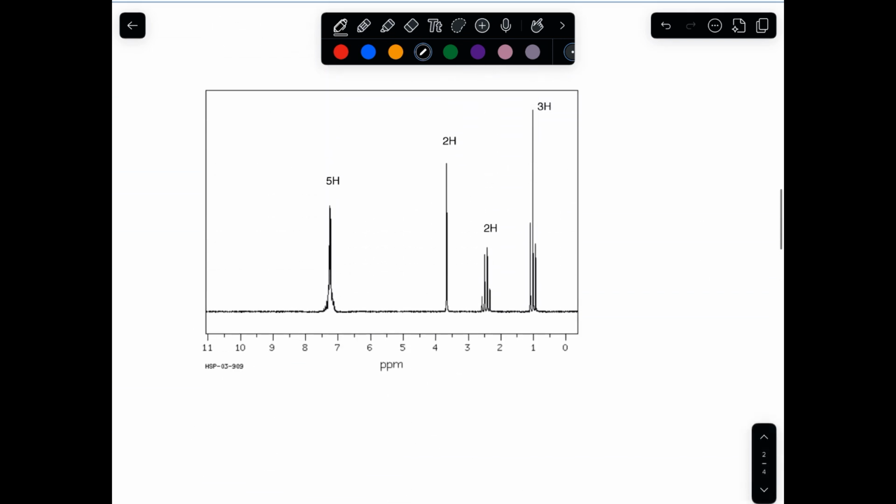Finally, I analyzed the 1H NMR spectra. Here, with the integration of 5, I predicted this to be the aromatic hydrogen region, as it's a little bit higher than 7 parts per million. Here, with an integration of 2 hydrogens, around just over 3.5 parts per million, I found a singlet and predicted that to be a CH2 group just beside the benzene ring, which I labeled here as the benzylic methylene group.